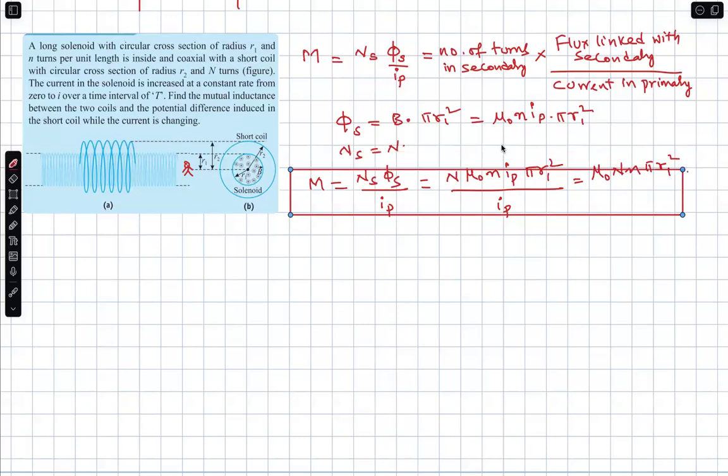That's the deal. Any doubt? So here I have given the mutual inductance.